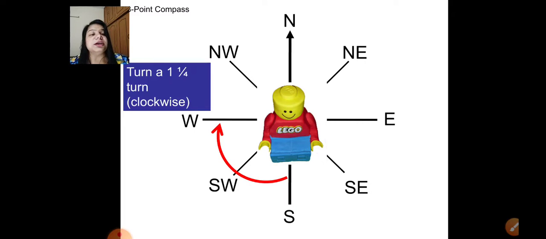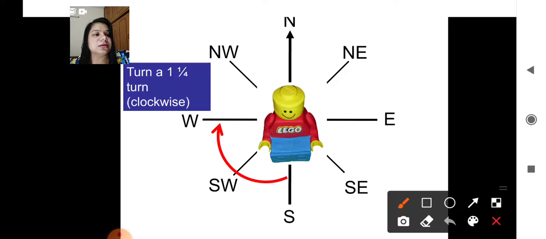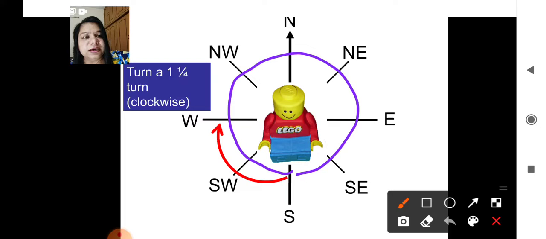Now we will check if it has to move 1 and 1/4 turn. So just check, if it takes 1 full turn, again it will be facing towards south only, right? And then it will take 1/4 of a turn after 1 turn. Okay, let's check. The Legoman is facing towards south, so for 1 full turn it will start from south and again come to the south direction.